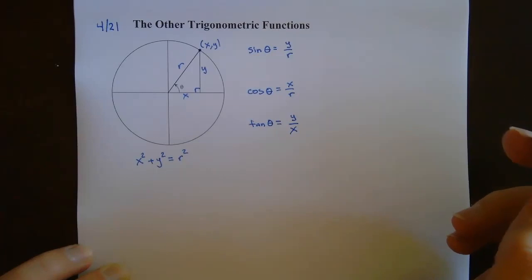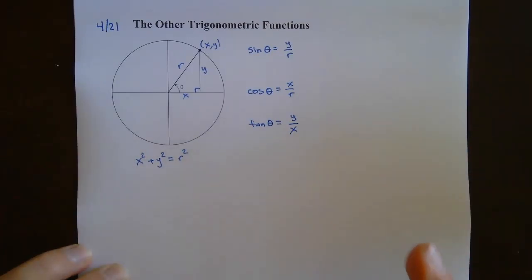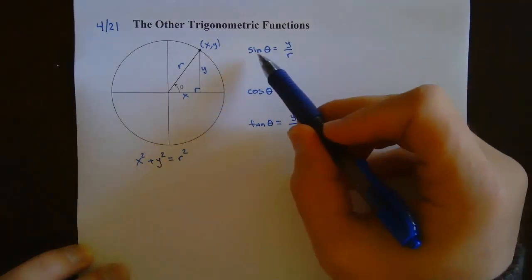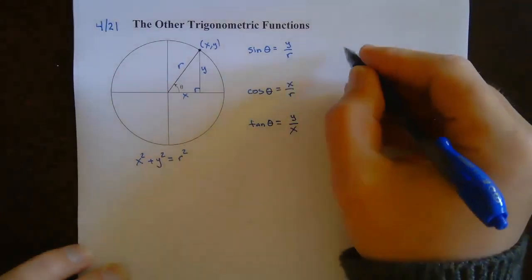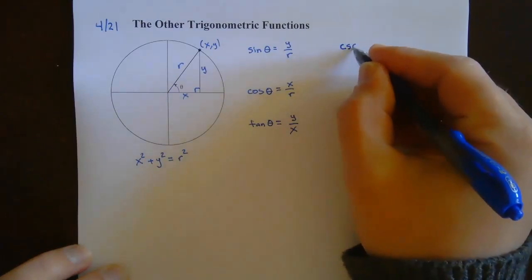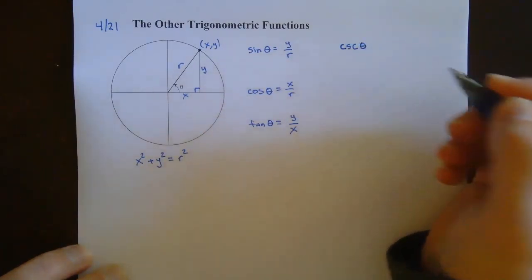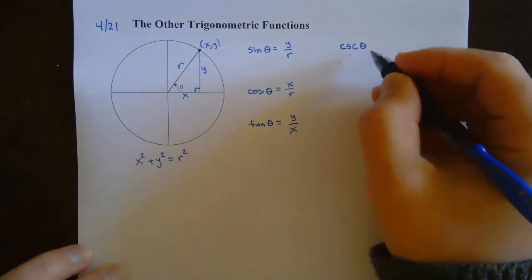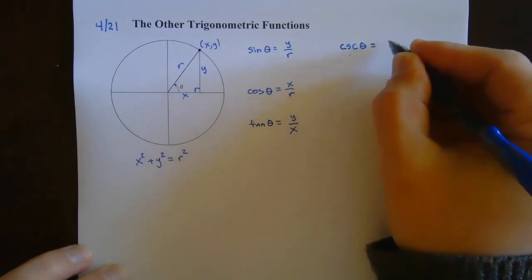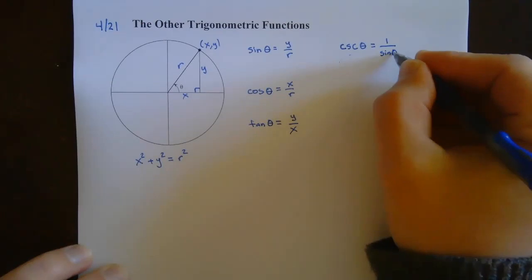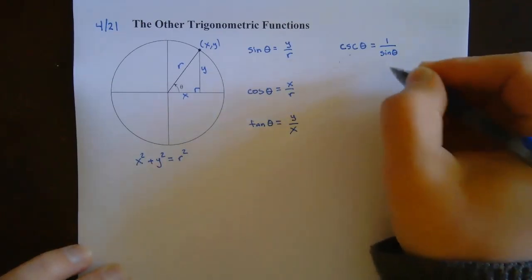So there are going to be 3 new trig functions, and they are the reciprocals of these, okay? So the reciprocal of sine is called cosecant, and we abbreviate it with CSC theta. So cosecant theta would be 1 over sine theta, because when we put 1 over something, that's always the reciprocal of it.